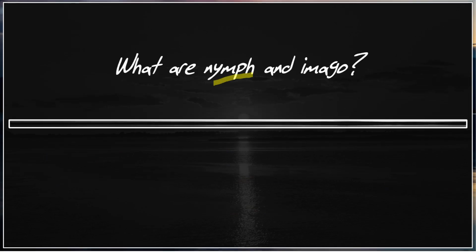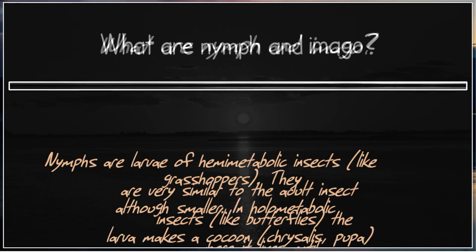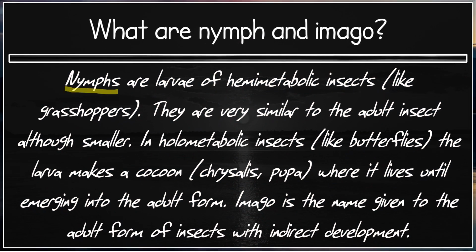What are nymph and imago? Nymphs are larvae of hemimetabolic insects like grasshoppers. They are very similar to adult insects, although smaller.